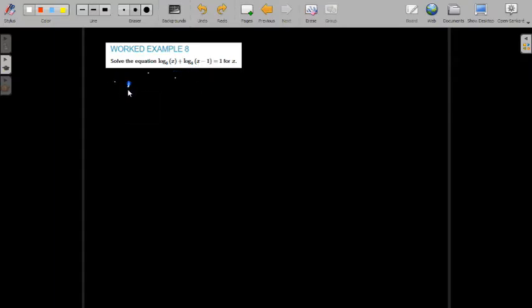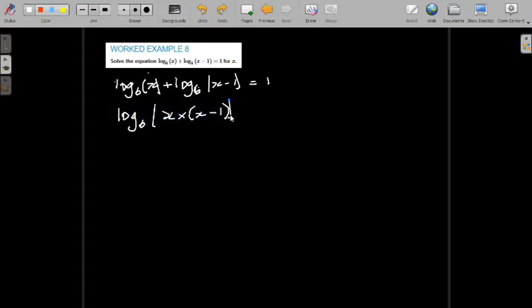So just rewriting this. Now because I've got log base 6 for both, I can go log base 6 of x times x take 1.